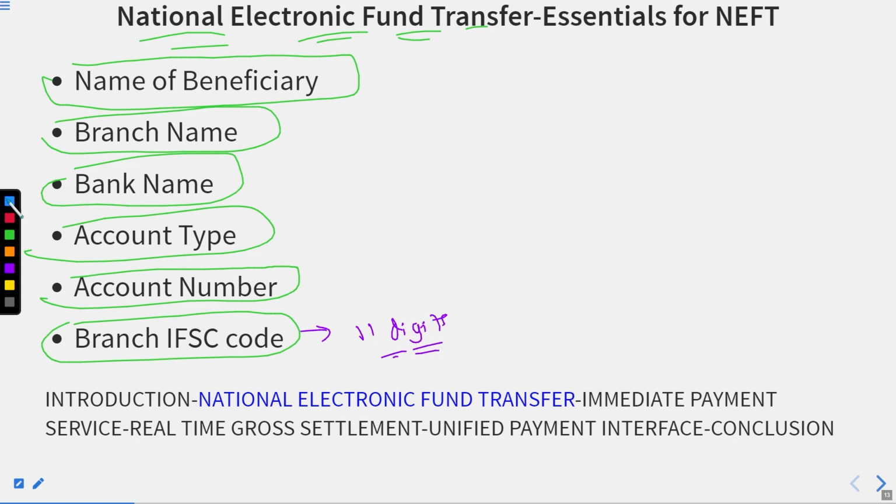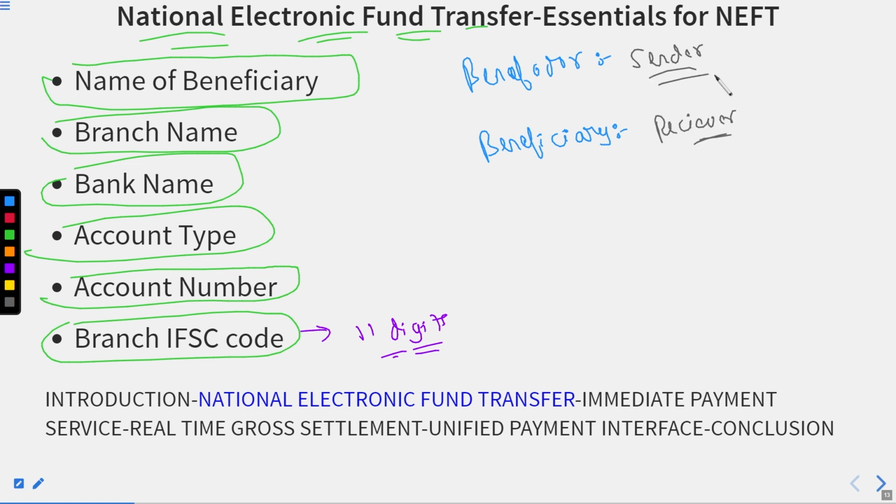We also discussed who is the benefactor and who is the beneficiary. The benefactor is the sender and the beneficiary is the receiver.